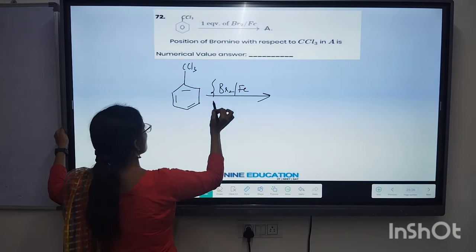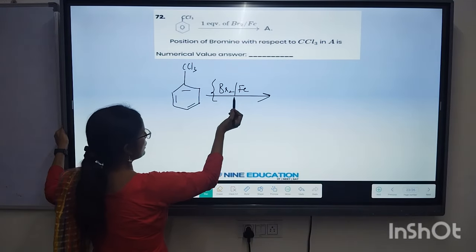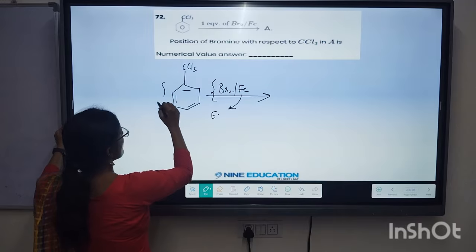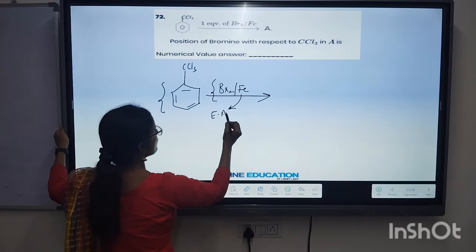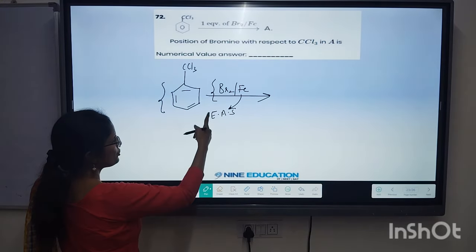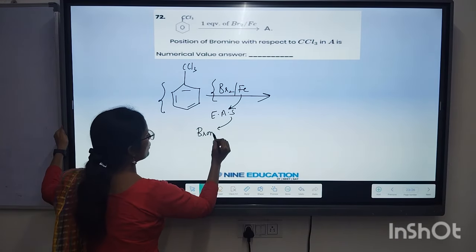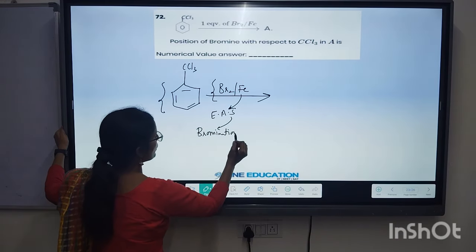Br2/Fe is a reagent, and since the reactant is benzene, which gives electrophilic aromatic substitution, this reagent is used for bromination.